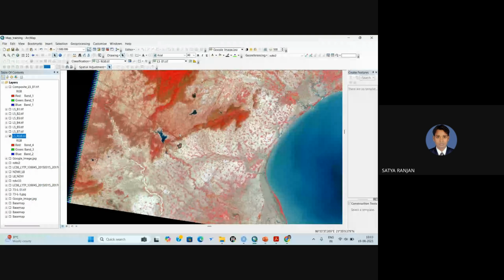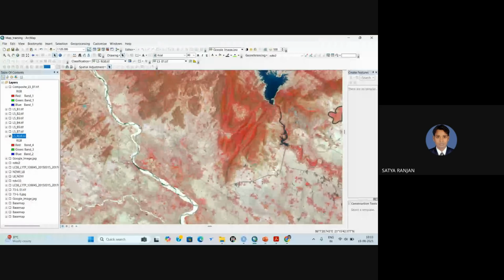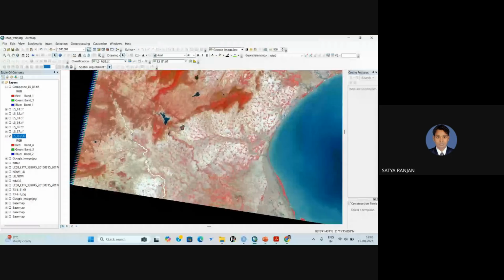So I look into the satellite image and observe that there are 7 or 8 classes in this image. There may be other classes too, but the major 7 or 8 are there.